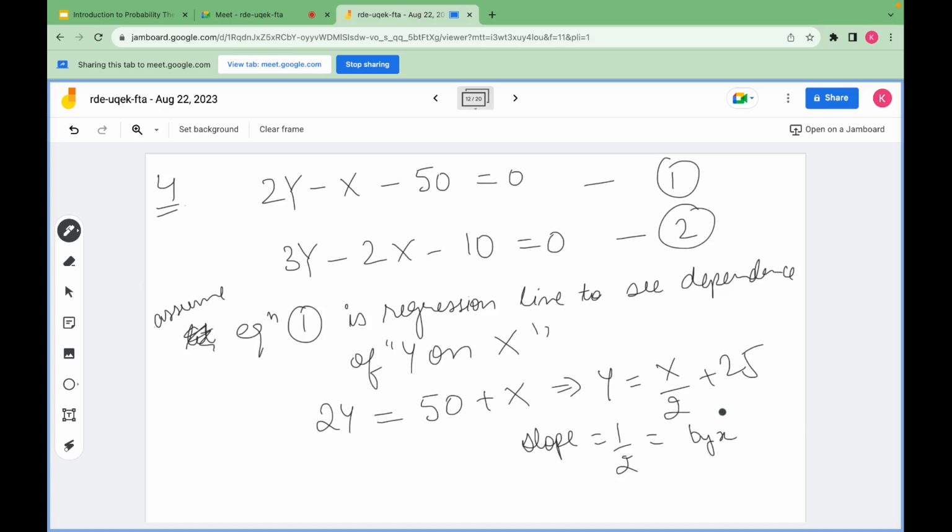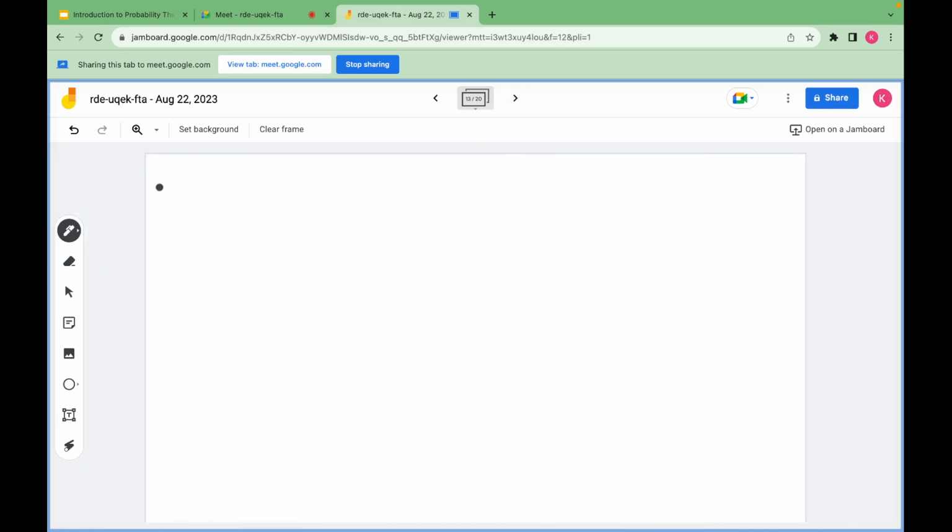Okay, and now let's assume that equation 2 shows the dependence of x on y.